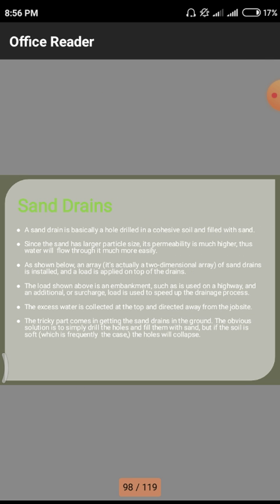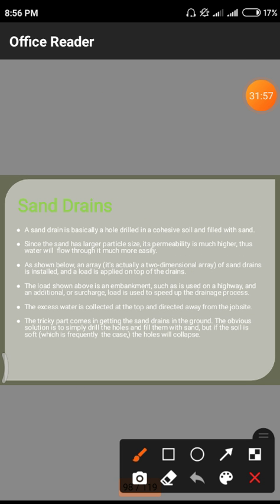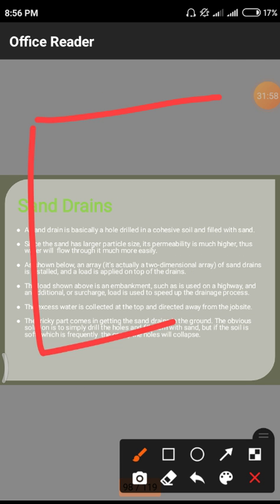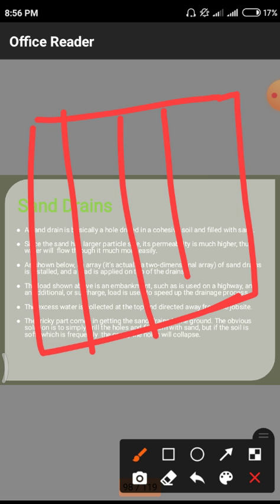Up to now we were observing only the top level, but now we have to observe the side. These 4 are the different sand drains. This is the diameter of a sand drain.